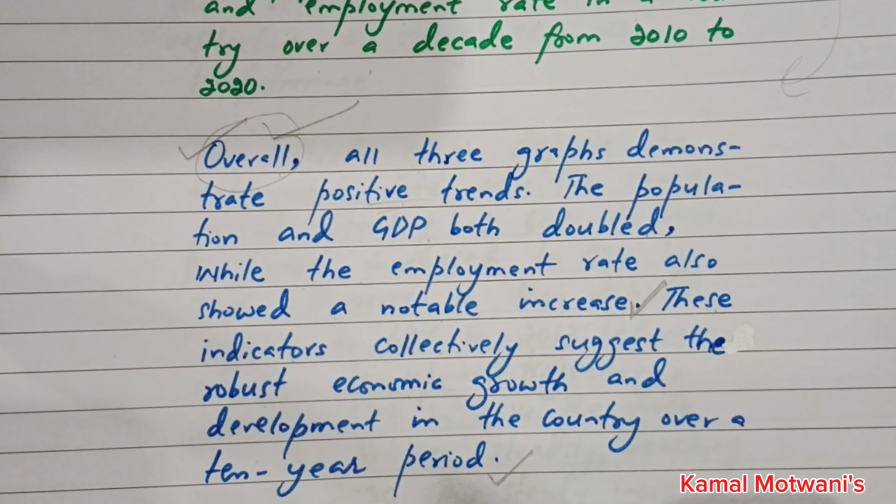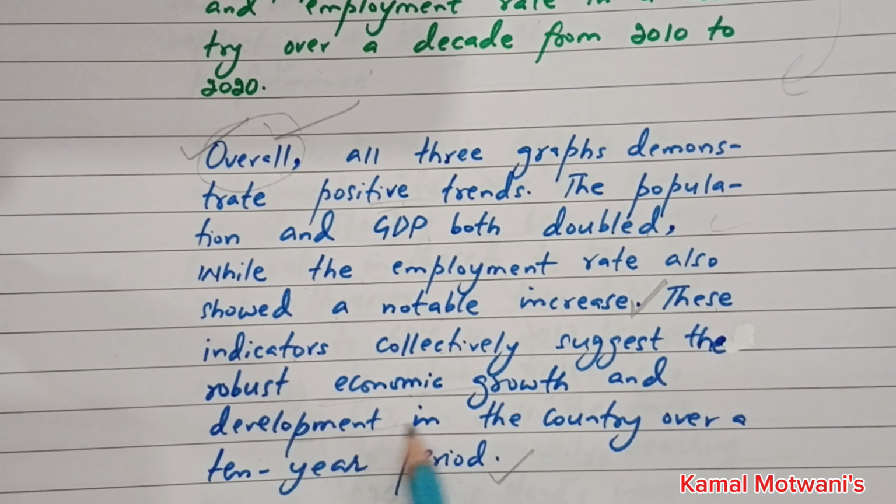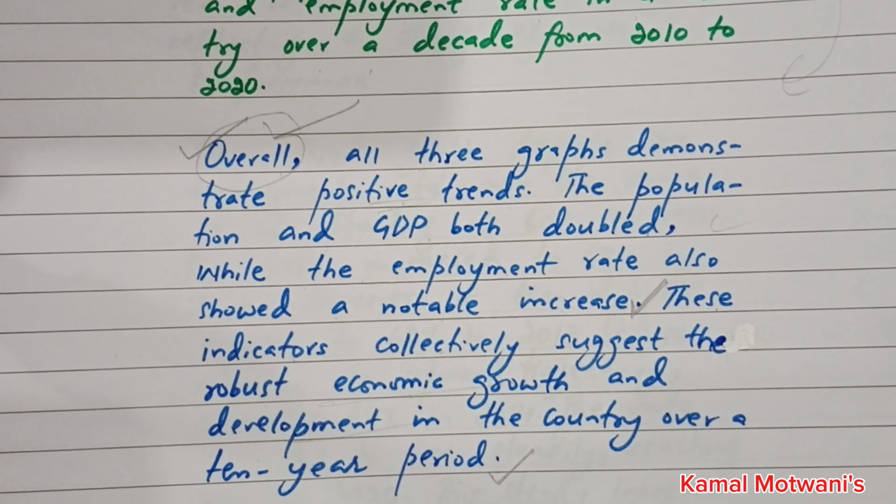Of course, when GDP is going high, population is going high, and the employment rate also follows a positive trend, this means there is robust economic growth and development in the country. So this is how you should use the vocabulary and your analysis as well. It impresses the examiner, and he or she gives you a lenient band, which means 8 plus bands.